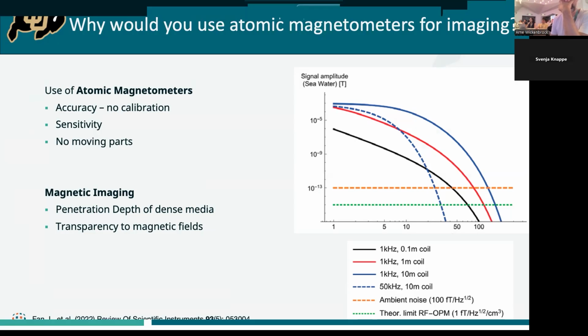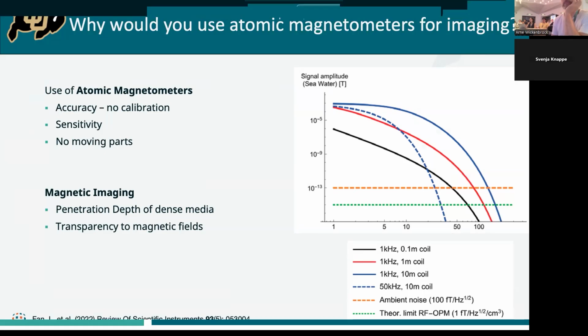We can send them into space and we don't have to go and tune that thing. That's important for some applications. Some other industrial applications too, you might just send them down in a borehole and you don't want to go and retune it because it changes with time or with temperature. And then, as I said, we can still get fairly high sensitivities or low noise floors out of them.